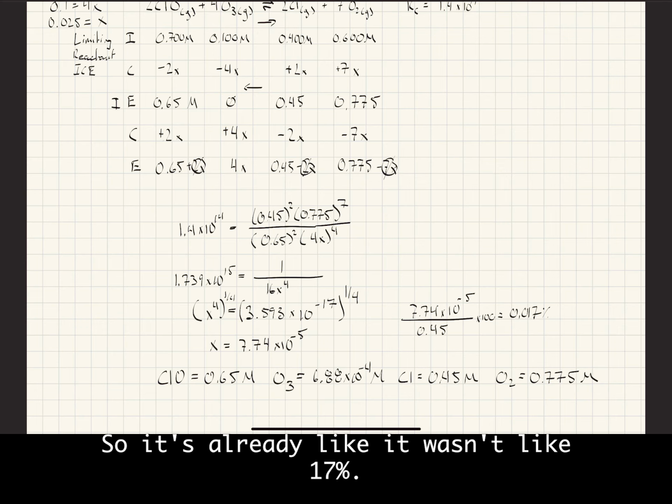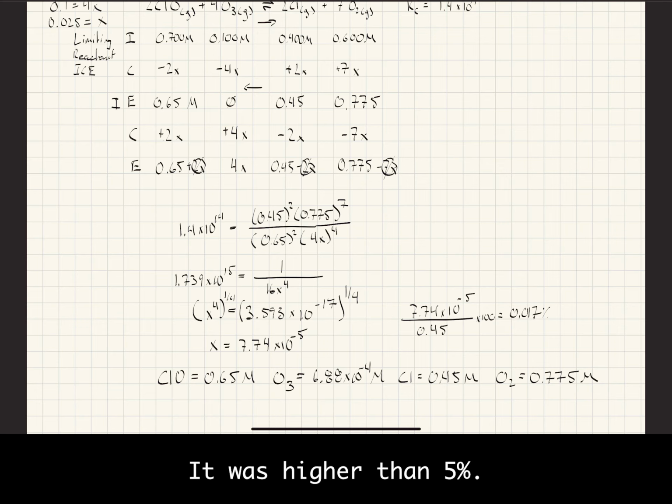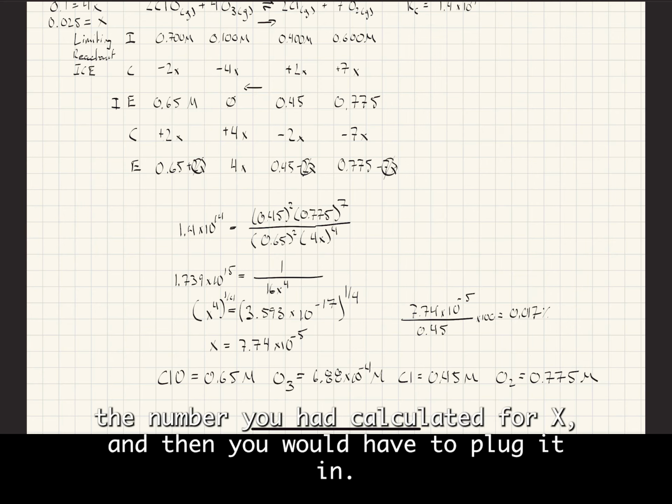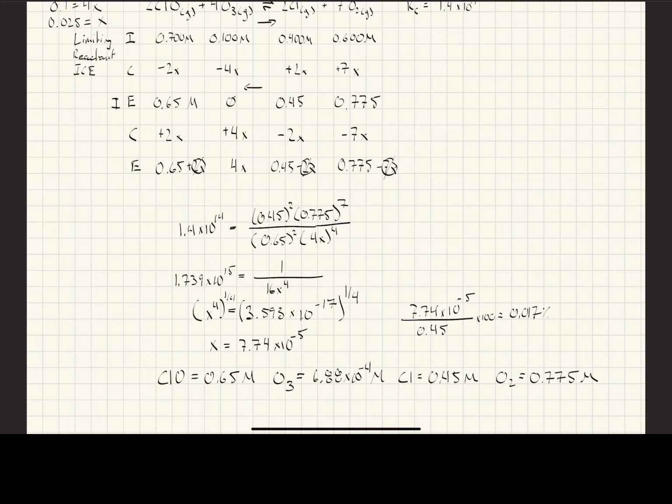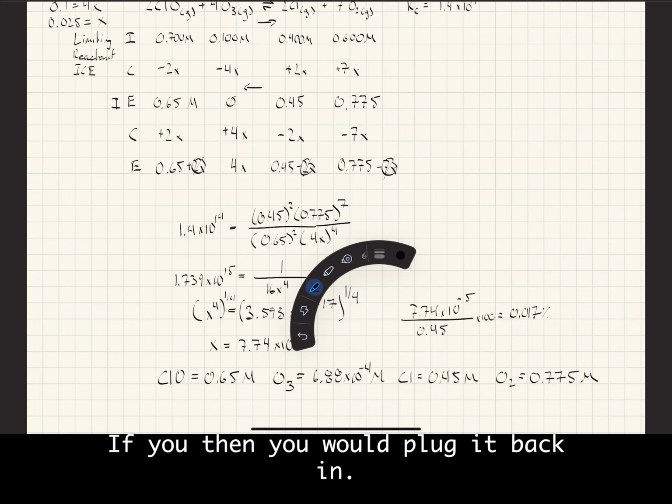What if it was higher than 5%? If it was higher than 5%, then you would take the number you had calculated for x, and then you would have to plug it in.